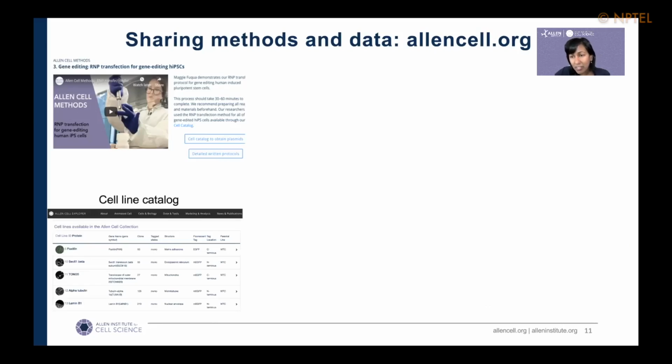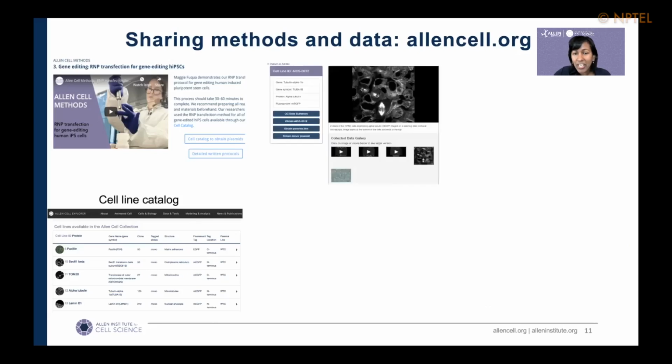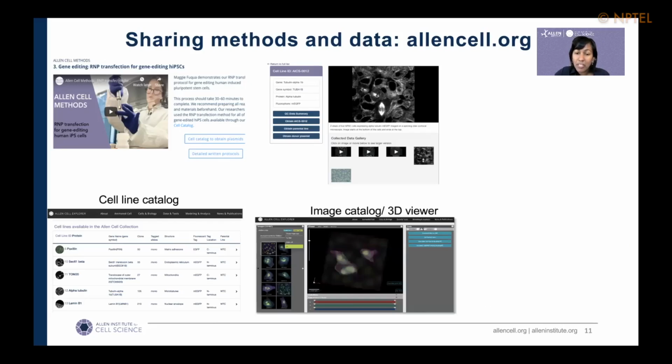And we have a catalog where anyone can come here, click on their favorite structure, whether it's the nucleus or the mitochondria, and look at some movies that we've taken of these tagged structures, both in 3D and over time. And if you are working in a lab and want access to these cells, there's a way you can get them to your lab as well.